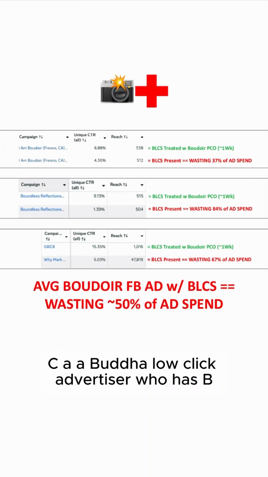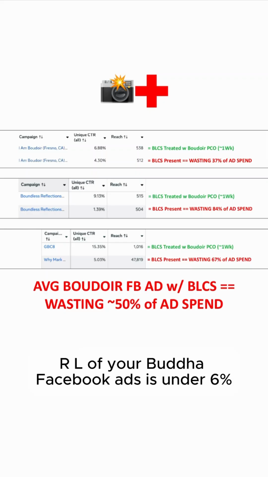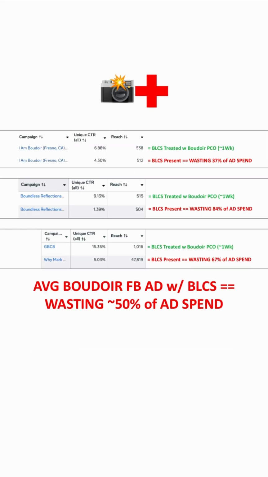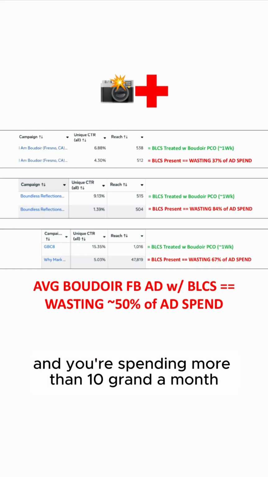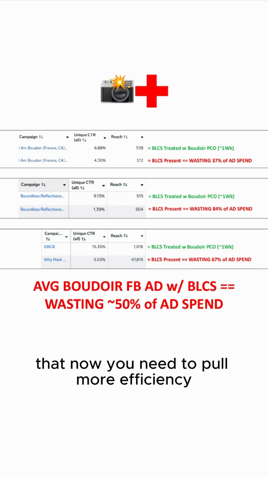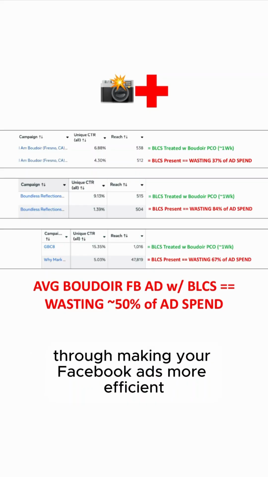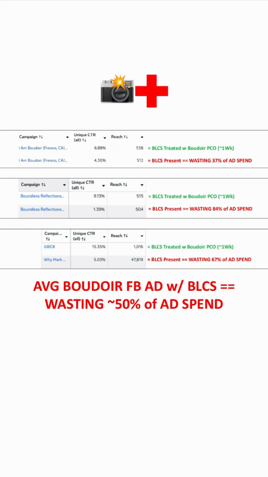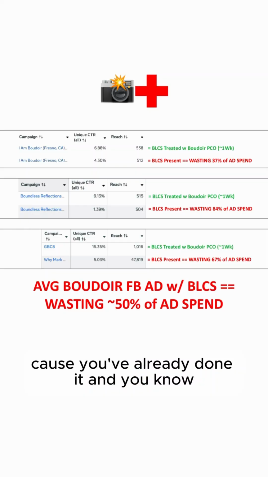If you're a BLCA, a boudoir low click advertiser who has BLCS, boudoir low click syndrome, the unique CTR of your boudoir Facebook ads is under 6%, and you're spending more than 10 grand a month on boudoir Facebook ads, and you have decided that now you need to pull more efficiency, more profit out of your business through making your boudoir Facebook ads more efficient because you've already done it in other places in your business.